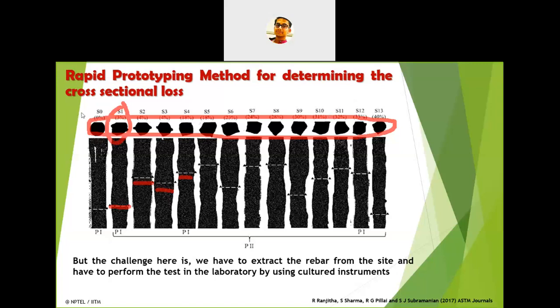So it's quite difficult to say how much is the cross section loss. So what we have to do is utilize our engineering judgment before introducing any new reinforcing system in any corrosion repair work.